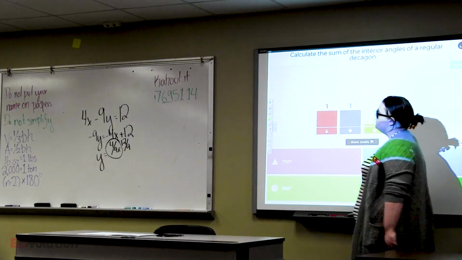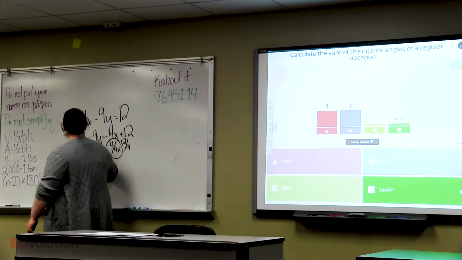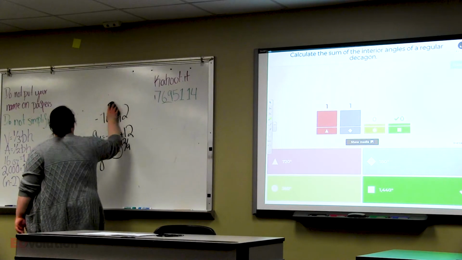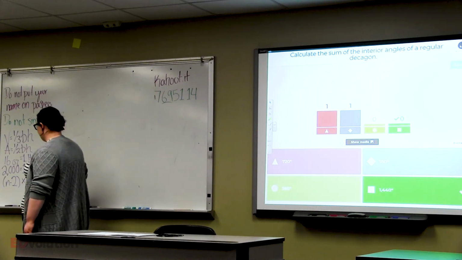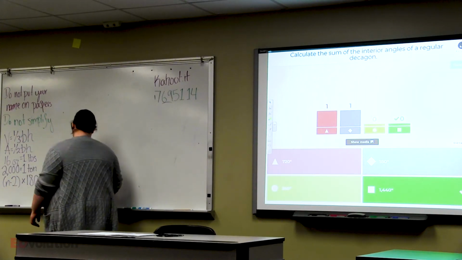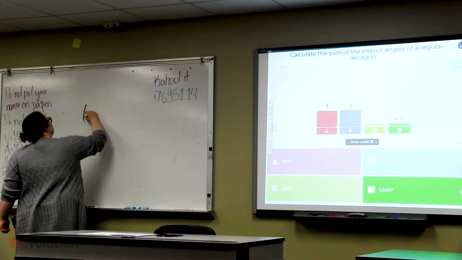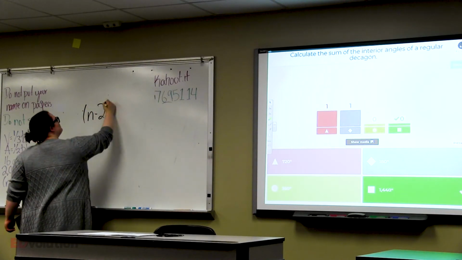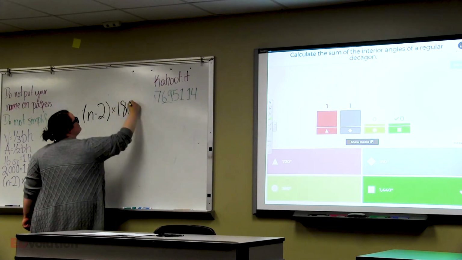Okay, so in order to find the sum of the interior angles of a regular shape, you can use this formula right here. So we would have n minus 2 times 180 degrees.